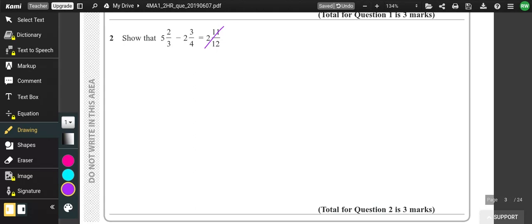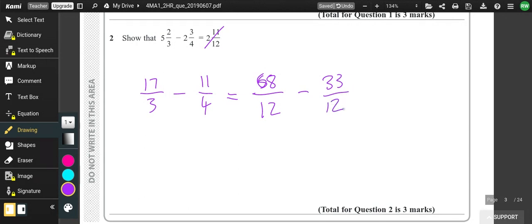So 3 times 5 plus 2, 17 thirds, minus 4 times 2 plus 3, 11 quarters. Change both to twelfths. 17 times by 4, 68 twelfths, minus 33 twelfths.